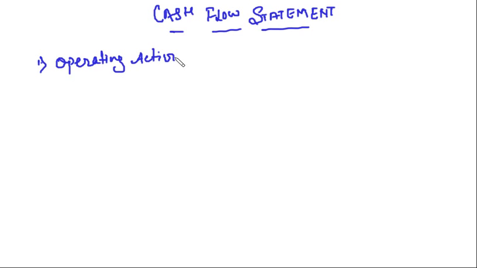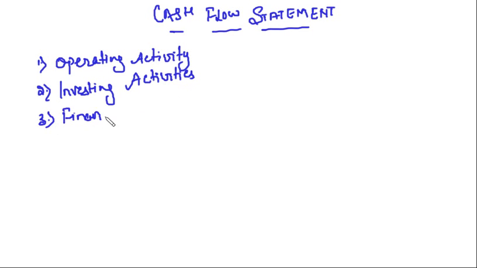The second one is investing activity. Clear? And what is the third one? Third one is financing activities. And we have discussed all these three activities in detail. Clear? This is all about the cash flow statement.